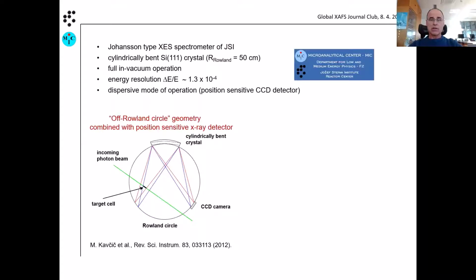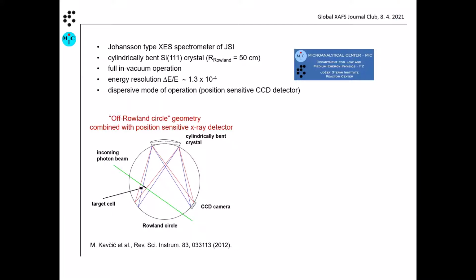Okay, so at that time, when this was not available, we were using for this range our setup that has been constructed and developed within our lab, and for such measurements it can also be transported to the synchrotron. Here you can see briefly the main parameters of the setup.